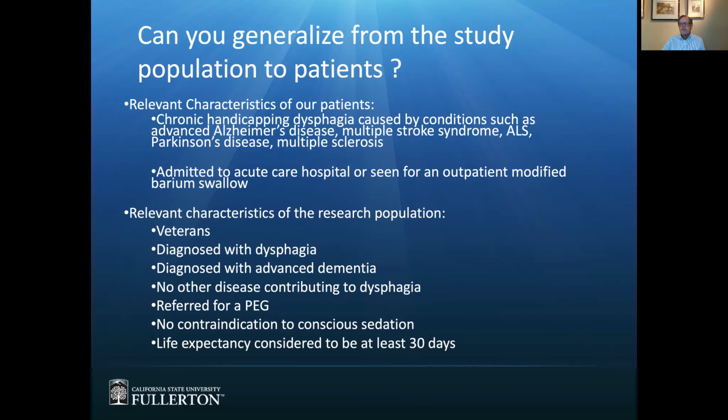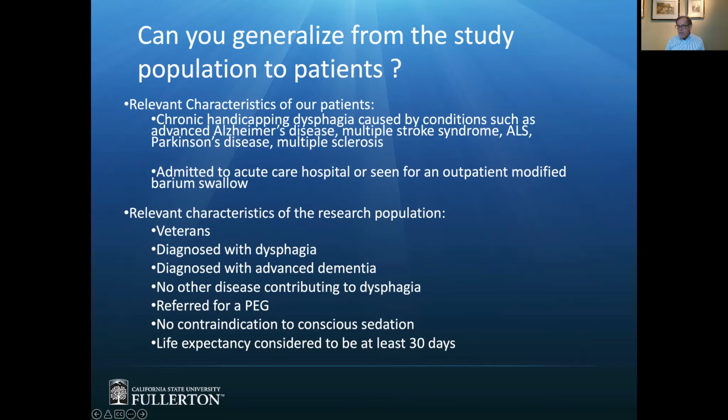Exceptions would be like a patient with ALS. They can have completely normal cognition and die from their dysphagia. So that would be an exception. But most of the others do have dementia. Okay. They have no other disease contributing to the dysphagia.